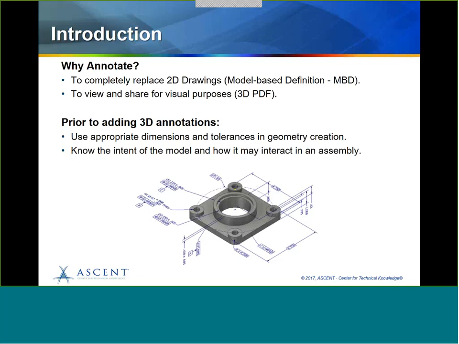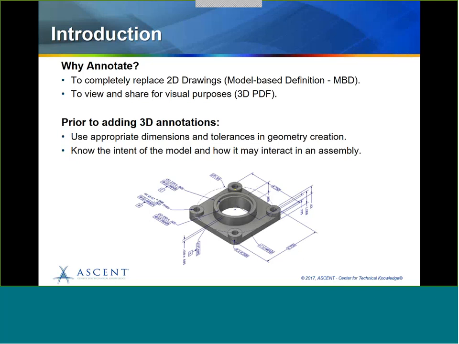As you're preparing to 3D annotate your model, one of the things you want to think about is, like always, making sure that you're dimensioning and tolerancing your model as you go, so as you're creating your 3D geometry, you're doing it accurately. That model is controlling everything, so you want to make sure it's as accurate as possible.